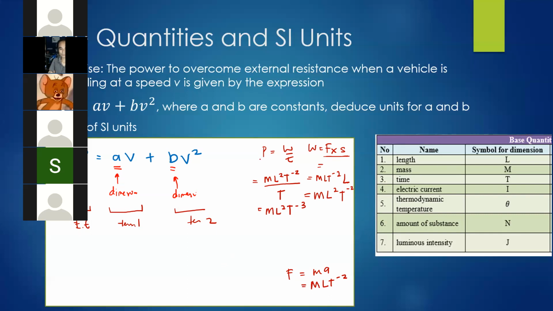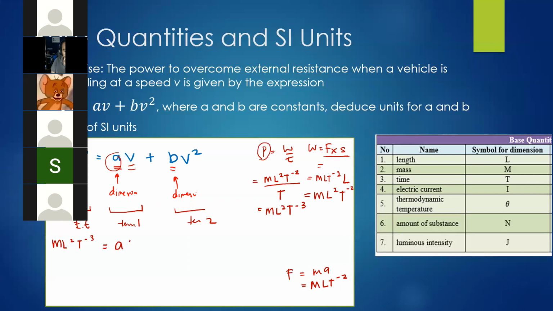Now you found the dimension for P. I put over here M L squared T negative 3. Then we have A, I'll put over here. What is the dimension for V, velocity?